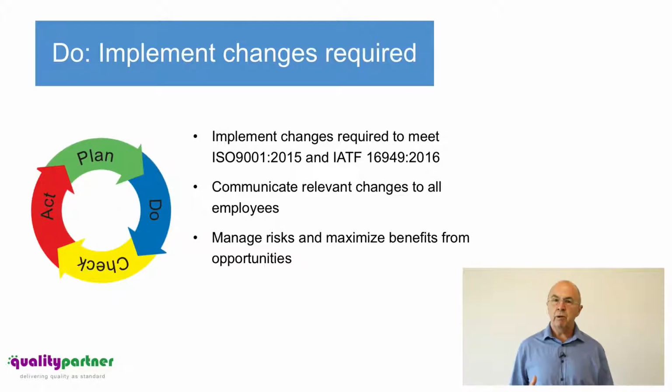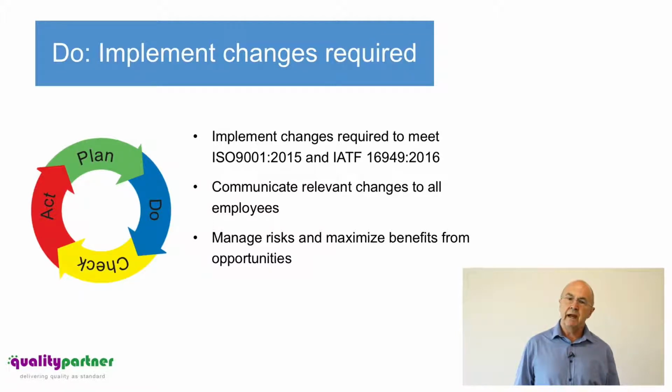So once within the planning phase, we understand some of the key changes in ISO 9001-2015 and in IATF 16949-2016, we now have to go into the do phase, which is implementing the changes required. So we need to implement the changes and we need to communicate the relevant changes to all employees within the organisation.